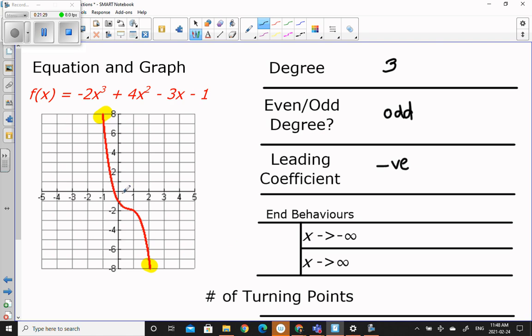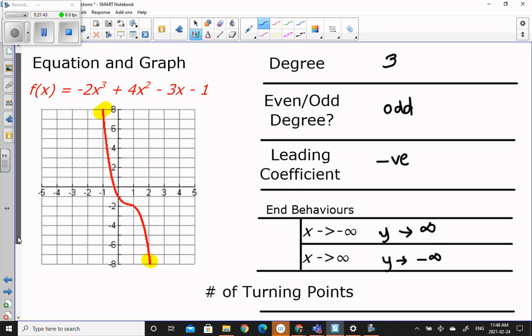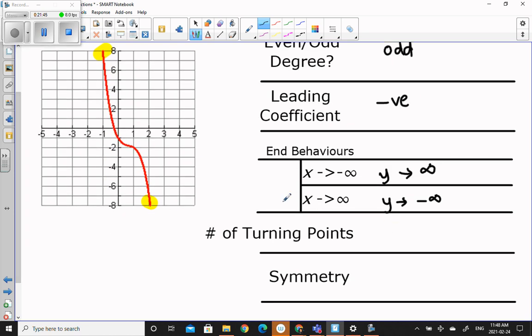And the end behaviors: as x becomes more positive, y becomes negative, and as x becomes more negative, y becomes more positive. And for the number of turning points, it doesn't have any maximum or minimum, so there are no turning points for this.